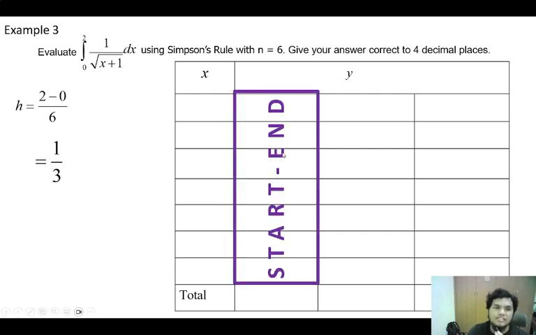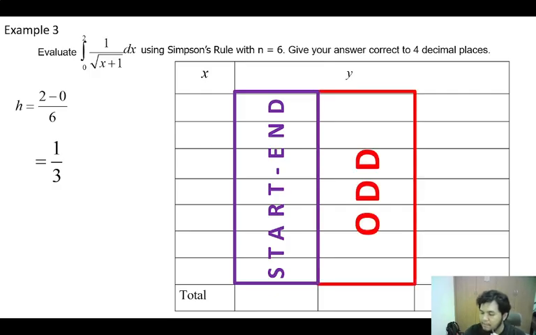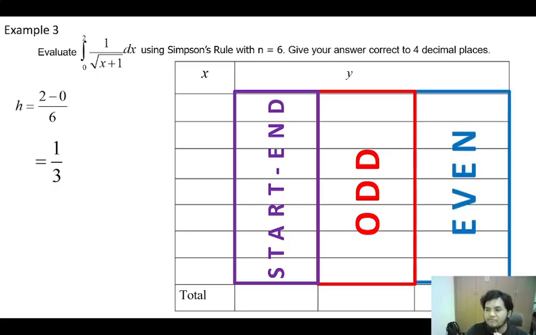The first column of y is for the starting and the ending part of the y, like y0 and yn, the second column is for the odd number of the y, and the last column is for our even number of y, y2, y4, y6 and so on and so forth.